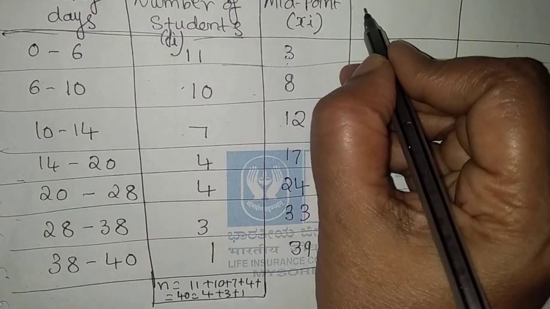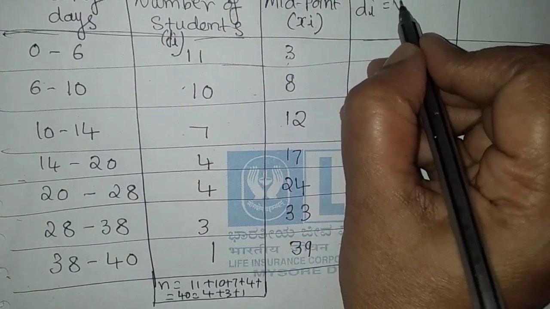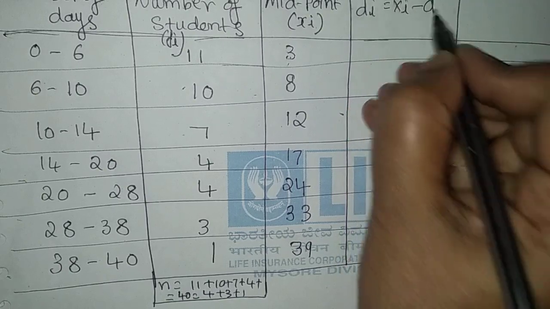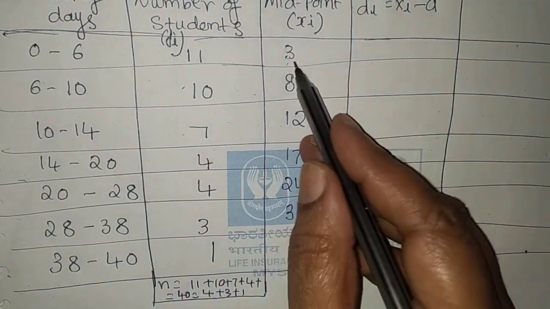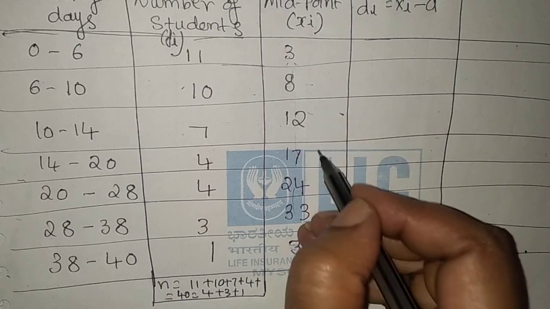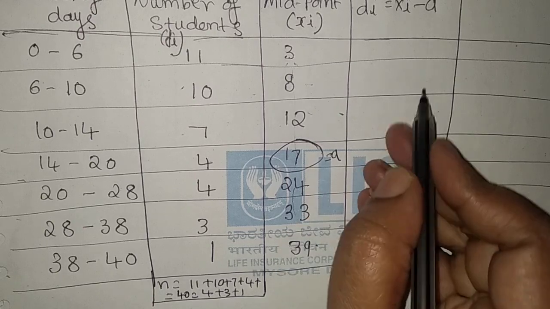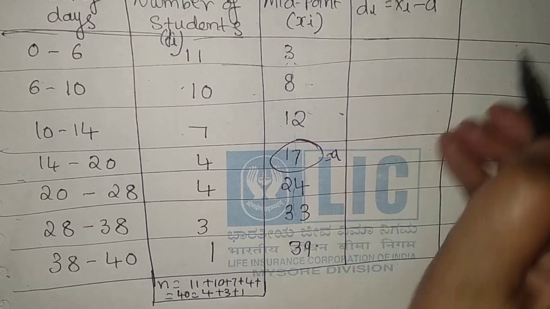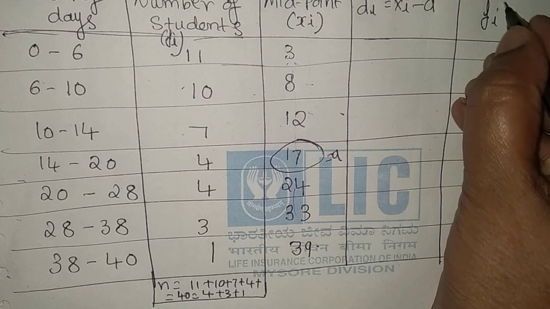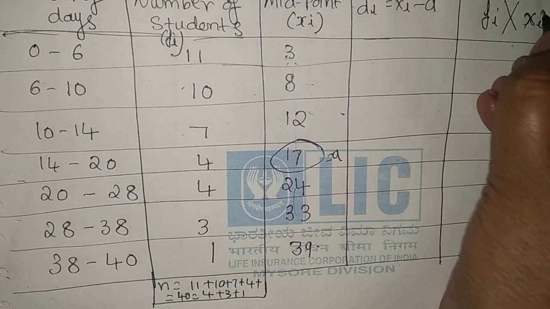Next is di, we have to find. The formula is xi minus A. What is A here? A is the midpoint of the midpoints. So we'll take 17 as A. Now for each set of values, this will be Fi into Xi.